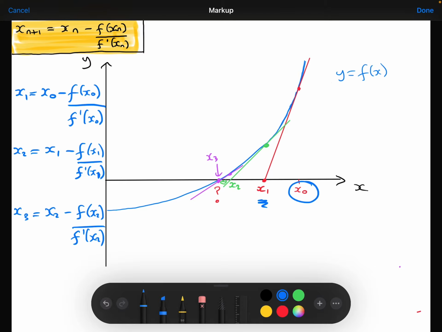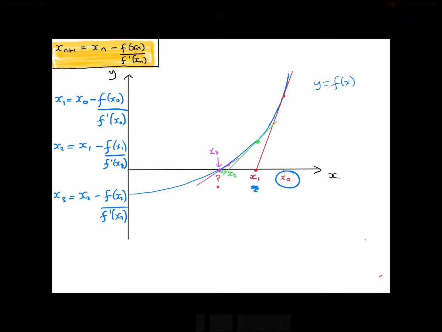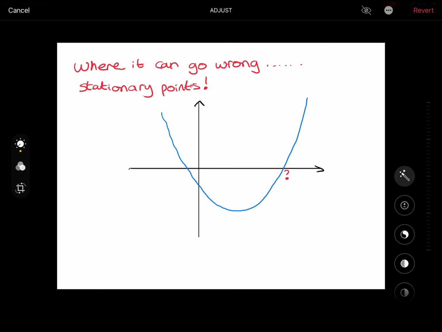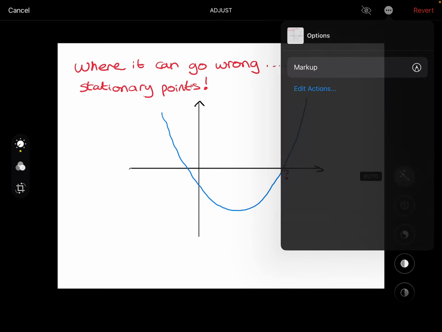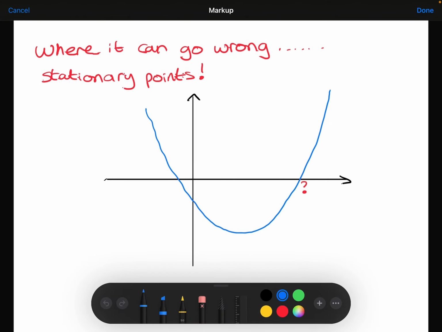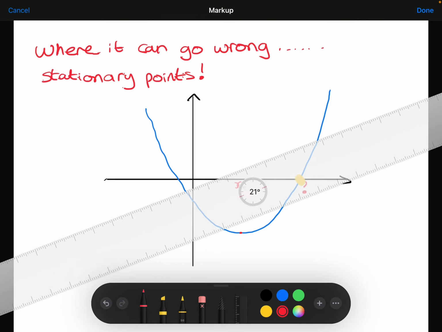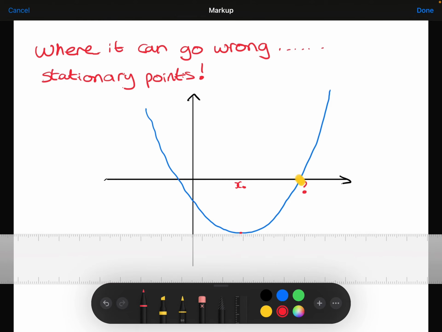There is an issue, however. There is something to be aware of, and it's stationary points. This process will go wrong if you try to pick a stationary point. For example, in this case here, I'm trying to find this root here. If, for example, I picked x0 to be this stationary point here, so remember what I do, I draw a tangent at that point and I find where that tangent intersects on the x-axis.